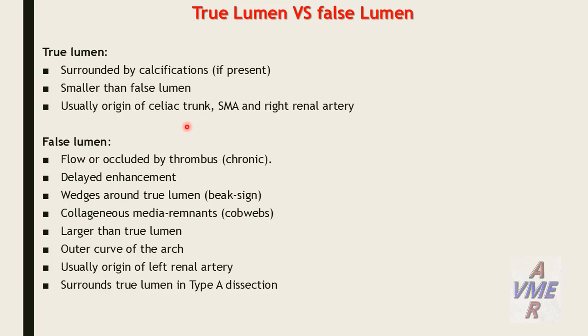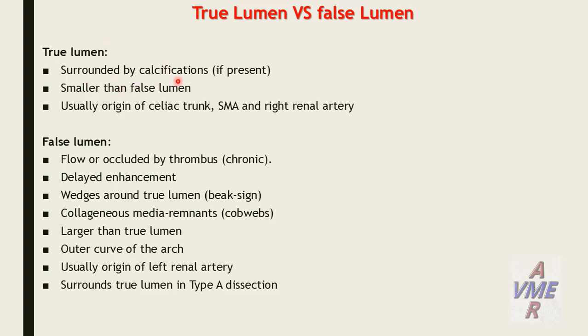While in the false lumen, flow is occluded by thrombus, delayed enhancement, wedge around the true lumen, beak sign, collagenous or soft tissue material or remnant, cobweb sign, larger in size than the true lumen, outer curve of the arch, usually origin of the left renal artery, and surrounds the true lumen in type A dissection. So those are the differentiations between the true lumen and the false lumen.